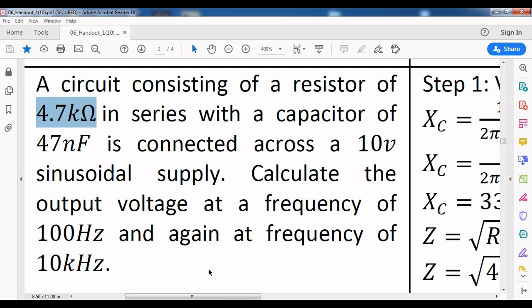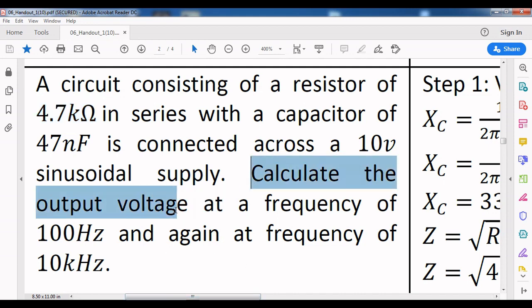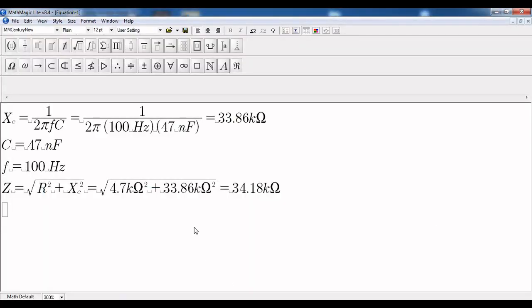So the voltage output for 100 hertz would be equal to the voltage input multiplied by this guy right here and this one.